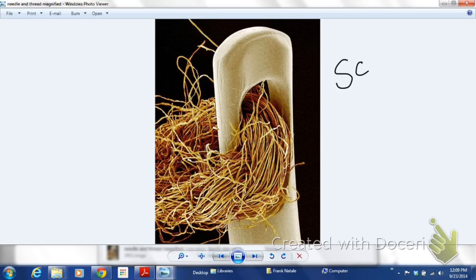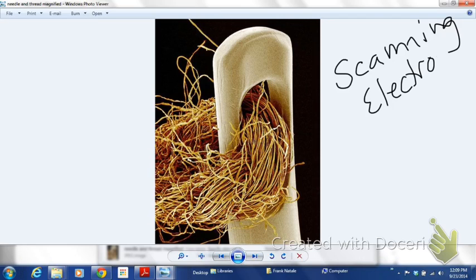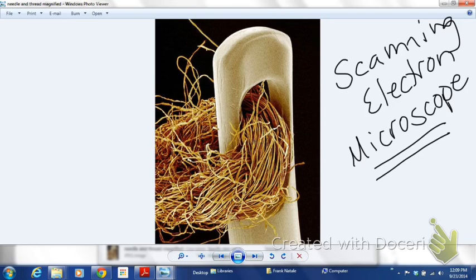And some of you in grade 7 science are familiar with this kind of microscope, and we've seen other images actually in our class here. In math class, we saw those SEM images of the vegetables, like the broccoli that we were working with one day.